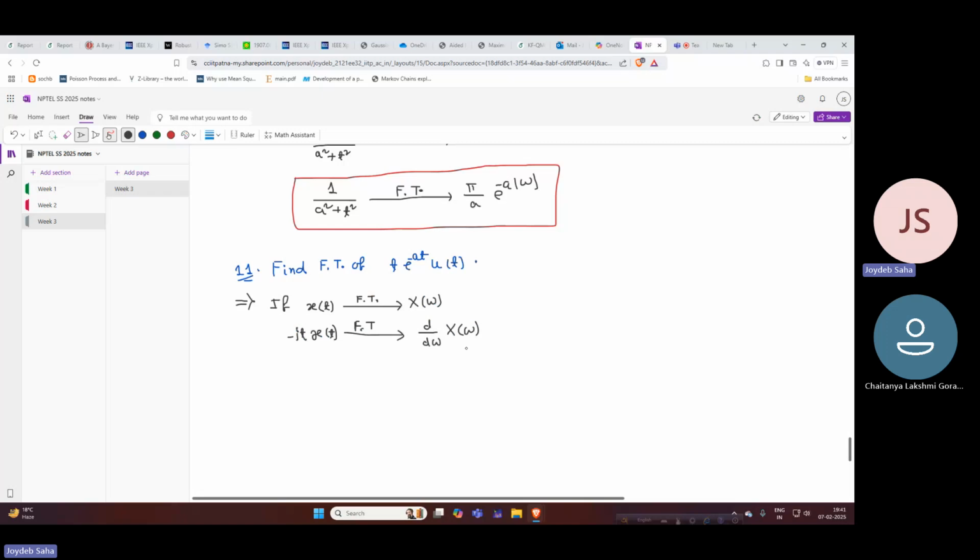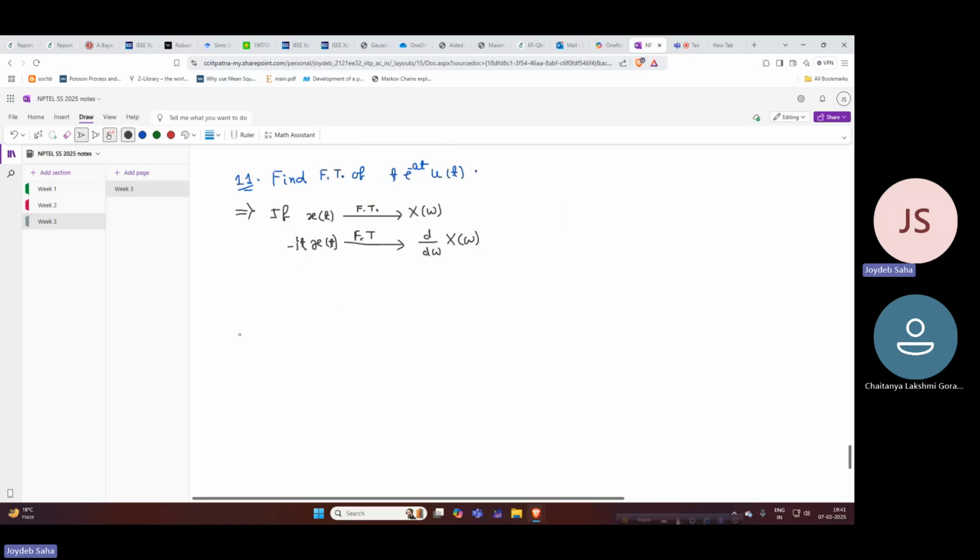Fine. Now we know that e to the power minus a t u of t.